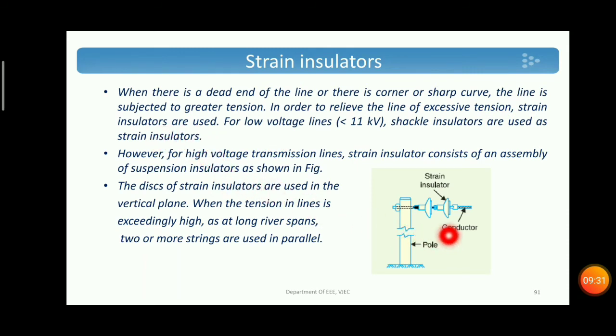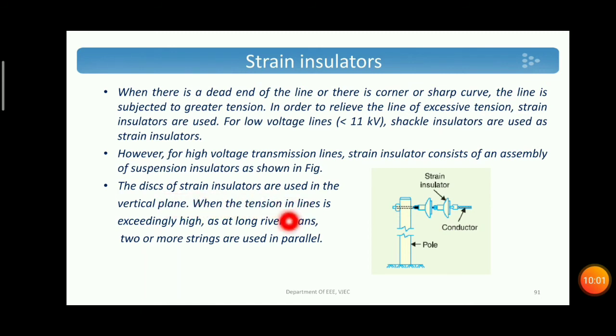Strain insulators are usually shackle insulators or suspension type disc insulators which are connected in the vertical direction. For low voltages, shackle insulators are used as strain insulators. For high voltages, disc type insulators, the same as used in suspension insulators, are used as strain insulators, connected in the vertical direction.